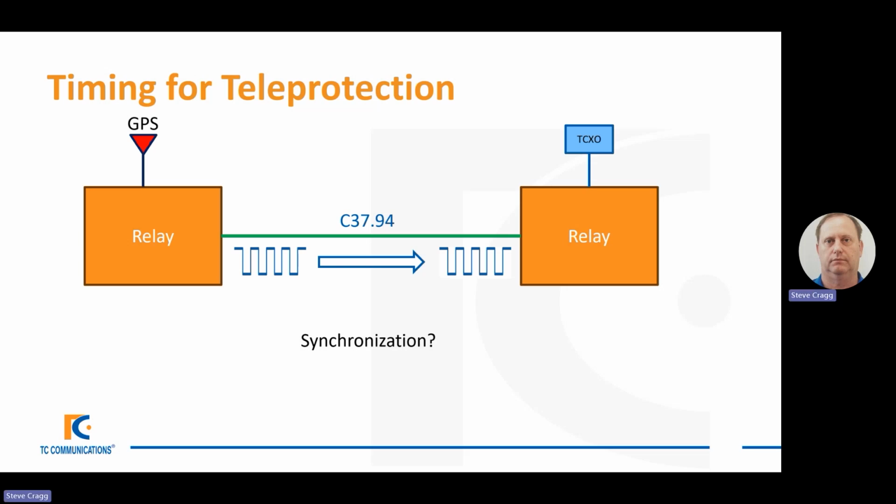However, if you recognize that the relay on the left has a very accurate oscillator, and from that it is able to make the clock on the C37.94 really accurate, that means that the relay on the right is receiving a really accurate frequency, and that frequency can be used to ensure that the real-time clock in the relay is staying on time.